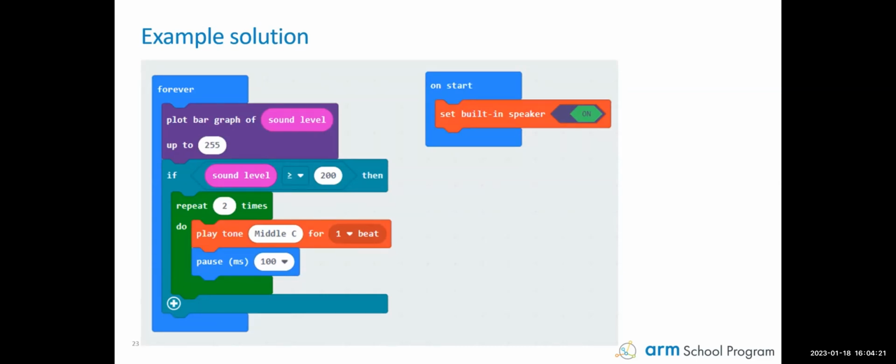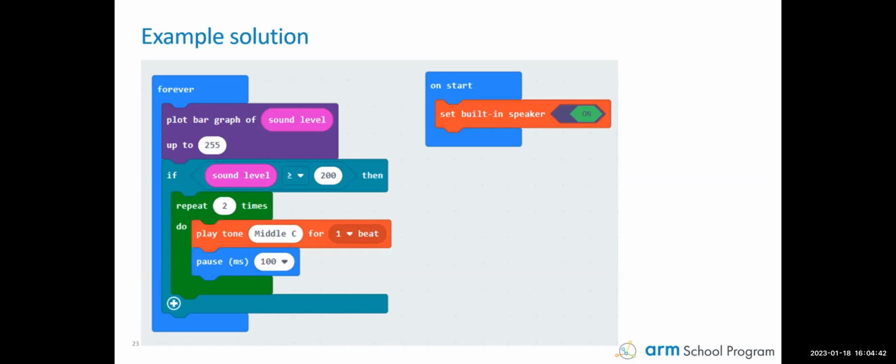Inside that blue forever block, the first sub block is this plot bar graph of sound level. So sound level, you can see there is that sort of purpley pink, and that is a built-in block which takes the input from the microphone and plots it, and you can see that up to 255.